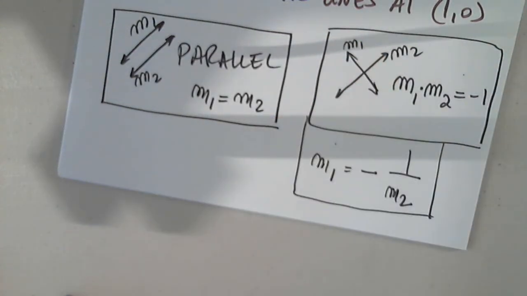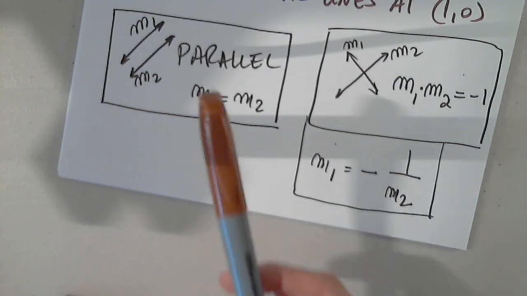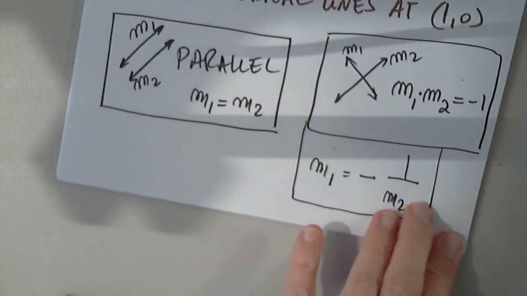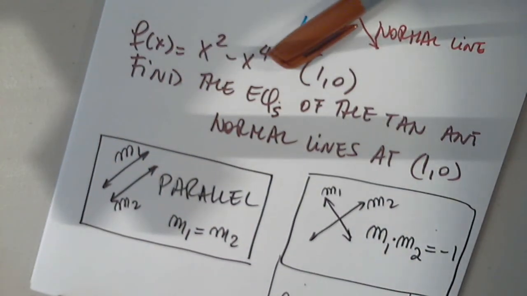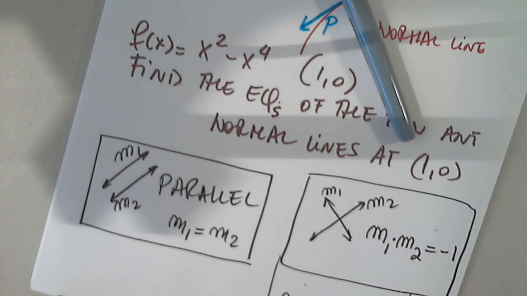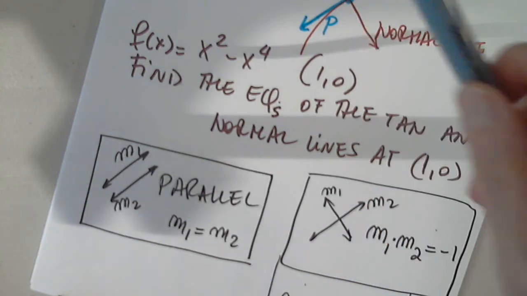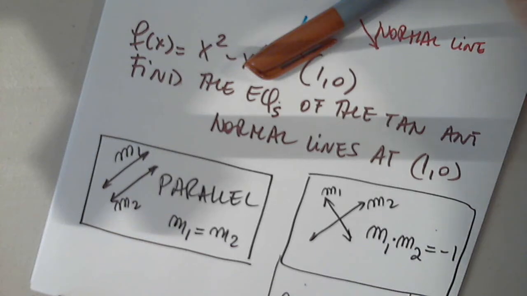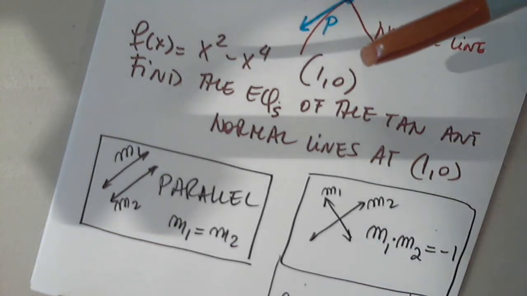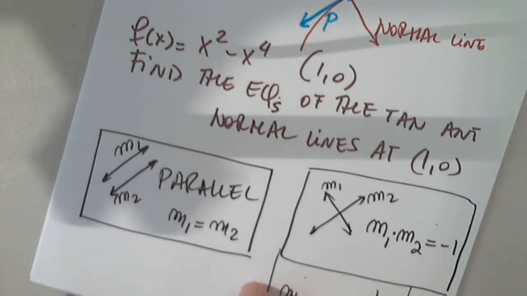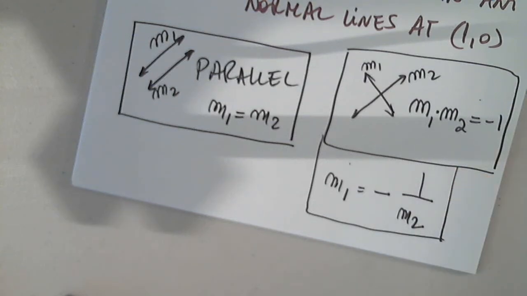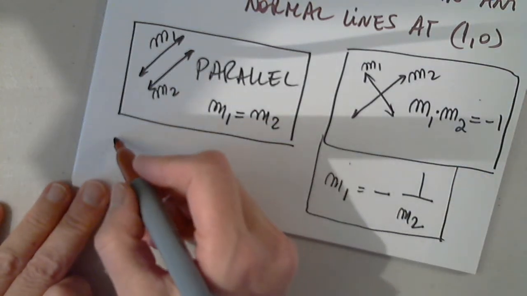Coming back to our problem, I have to determine the slope of the tangent line, and only then I can determine the slope of the normal line. In order to determine the slope of the tangent line, I will find the derivative, plug in 1, and then after that I'll find the slope of the normal line.